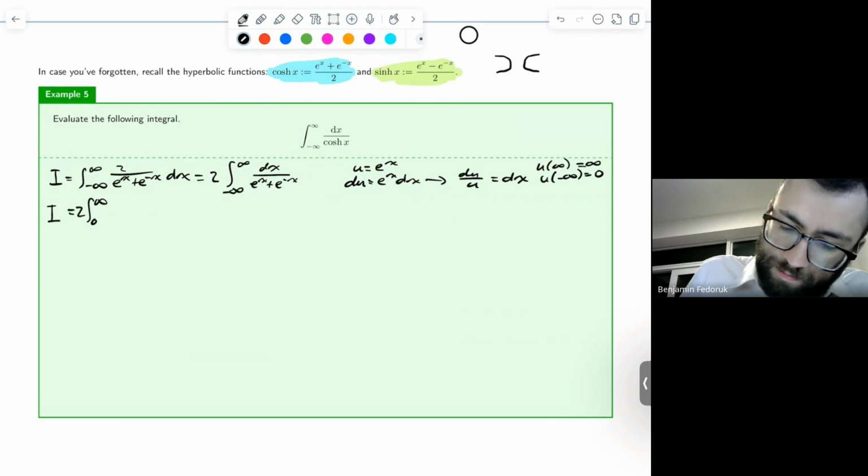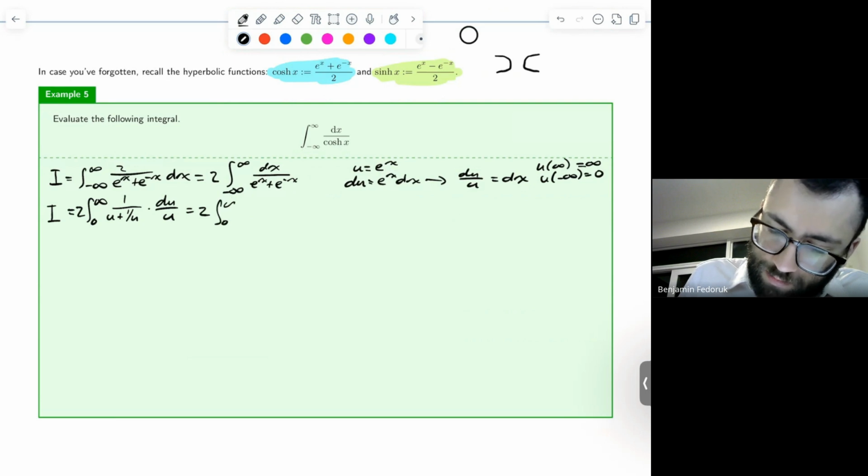Got our 2. And so we'll get 1 over u plus 1 over u times dx is equal to du over u. We can expand that out. We get du over u squared plus 1.